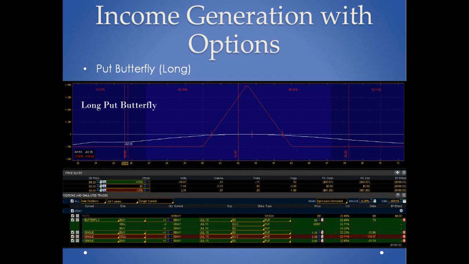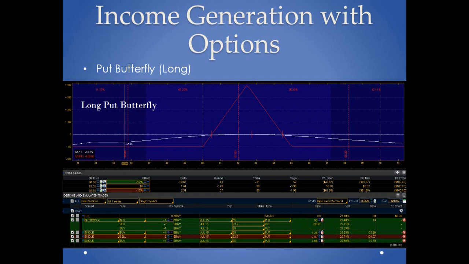Then we paid a total of $3.85 for the 65 put. So we take the $2.30 that we sold, double that, $4.60 minus $1.25 minus $3.85, and we have a debit of 50 cents.